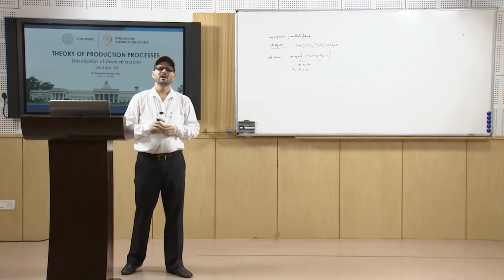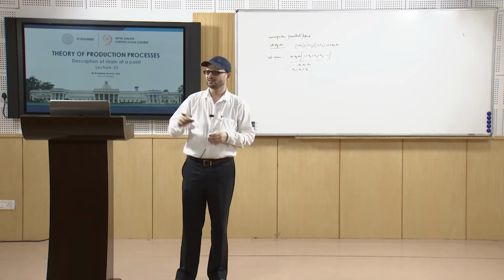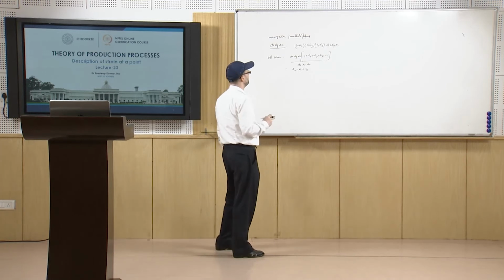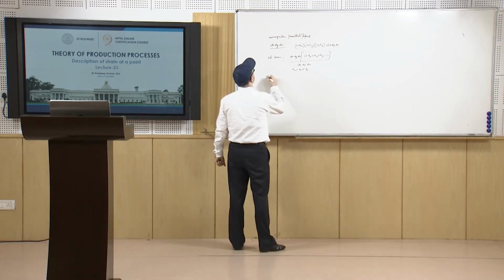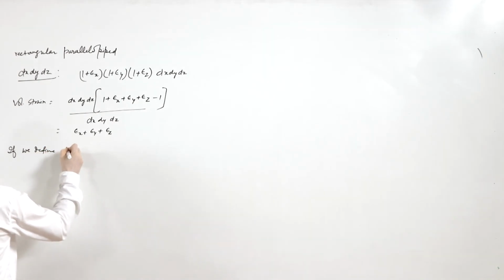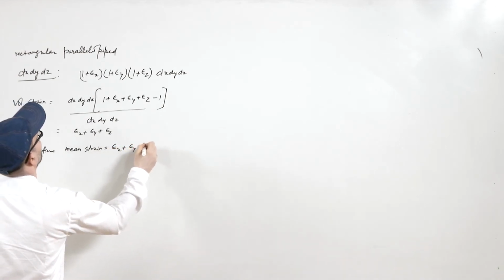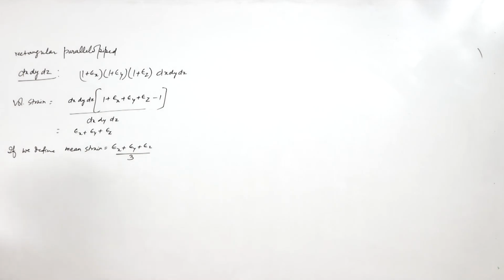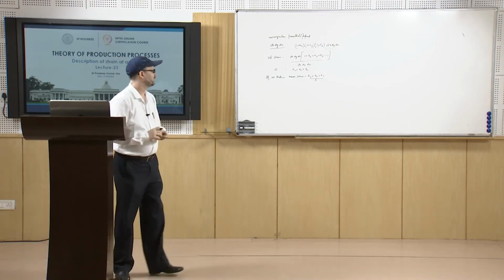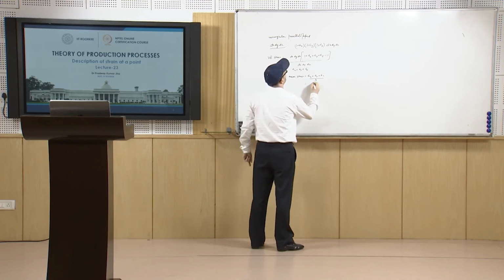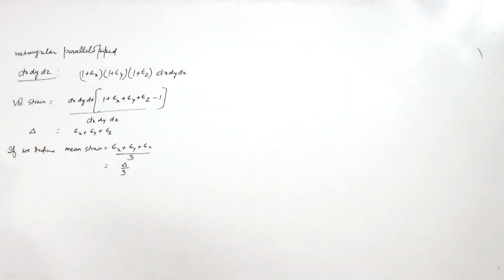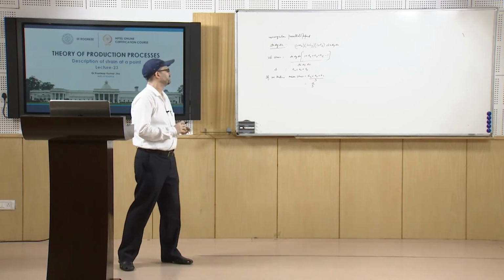If we define the mean strain as epsilon x plus epsilon y plus epsilon z by 3, and the volumetric strain is delta, then the mean strain becomes equal to delta by 3, that is, the volumetric strain divided by 3.